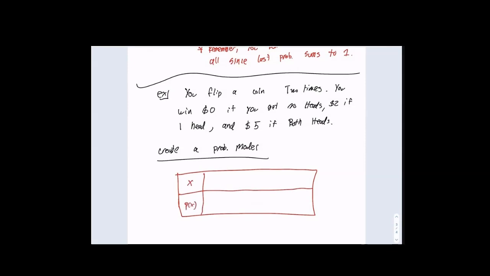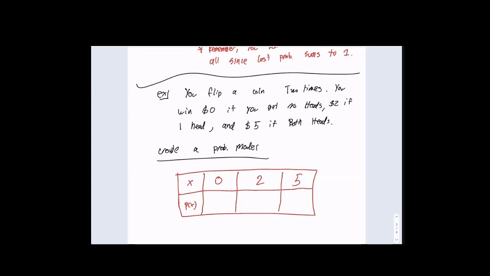So, what are my random variable outcomes? What are the results that could happen? The numerical results that could happen. 0, 2, and 5.